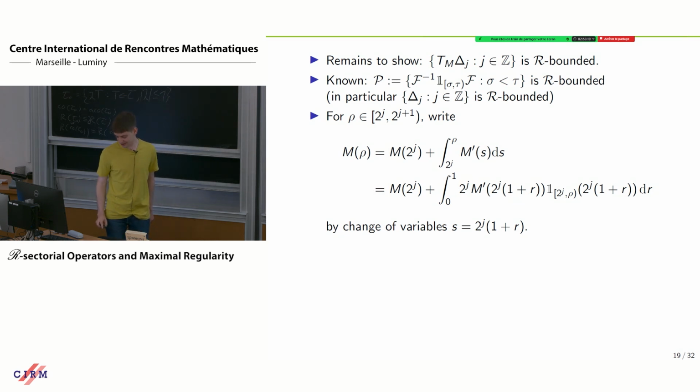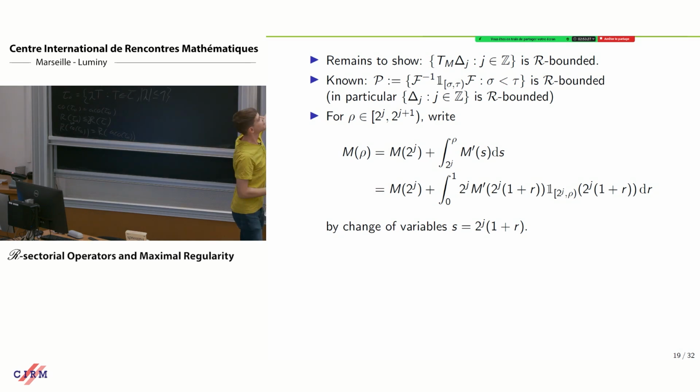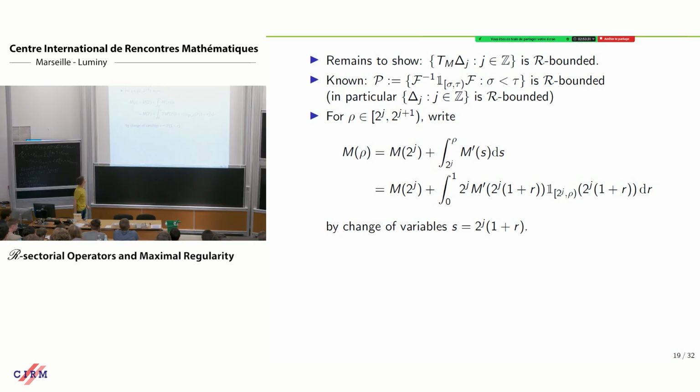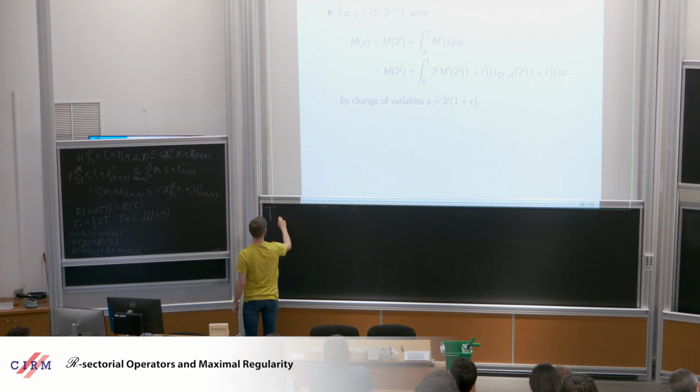So yeah, maybe I continue the proof on the blackboard. So now we have to apply this Tm, we have to look at this Tm delta J. So what is now this?